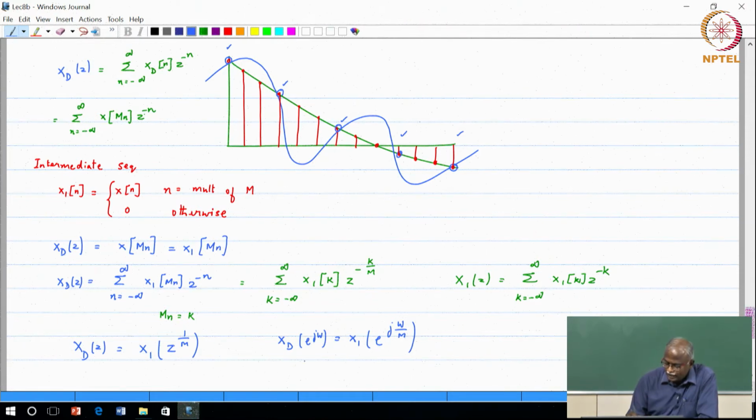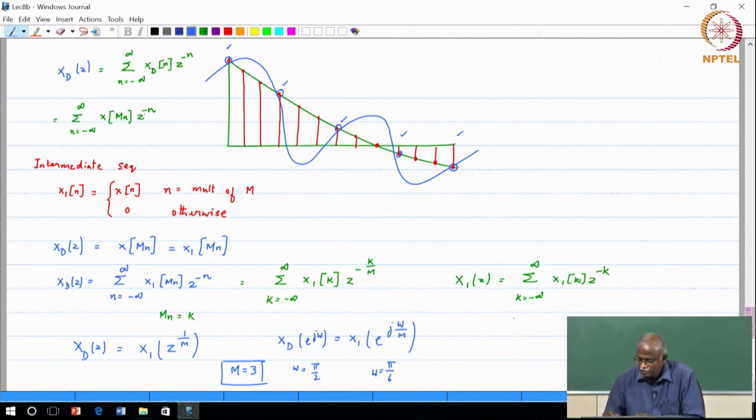If I take ω equal to π/2 for Xd(e^{jω}), this will correspond to X1(e^{jπ/6}), because whatever was the original frequency I have to divide by M, and if I take the case where M equal to 3, then that is the relationship between the frequencies of Xd and this one. If I were to show it in terms of a spectrum, I am going to show only from 0 to π.